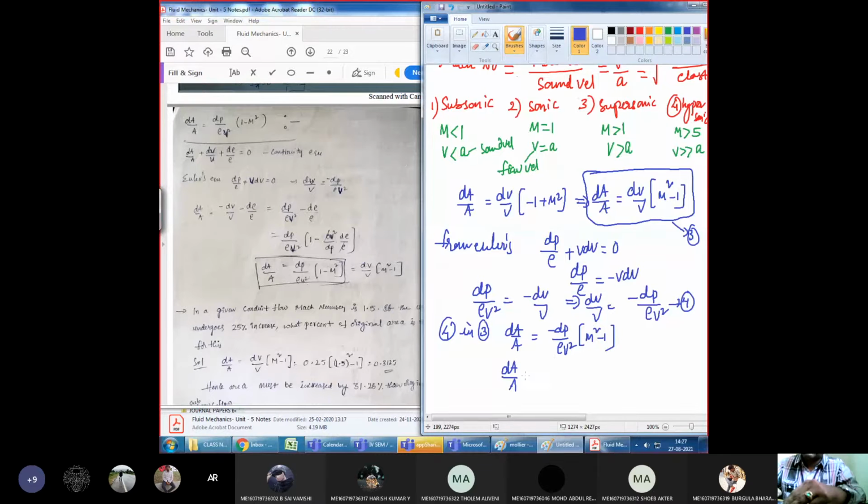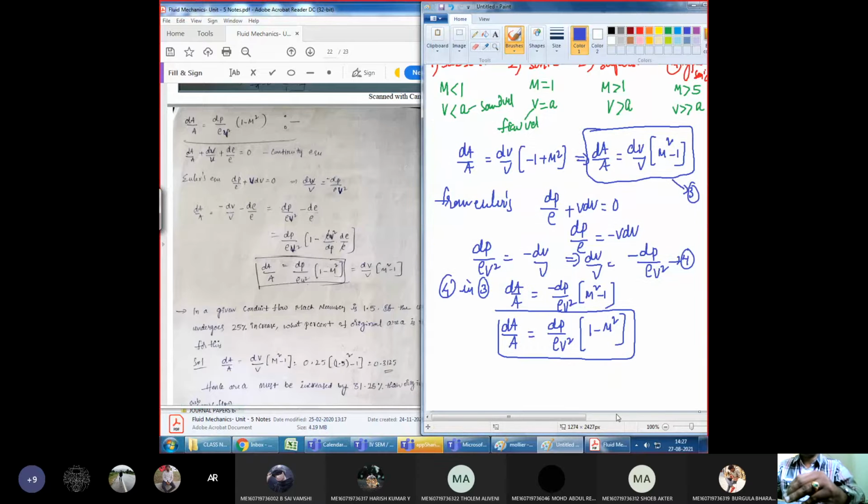This can be rewritten as dA by A is equal to dP by rho V square; taking the negative sign inside, we get 1 minus M square. This is the relation between area and pressure. Here we have the relation between area and velocity, and here the relation between area and pressure.